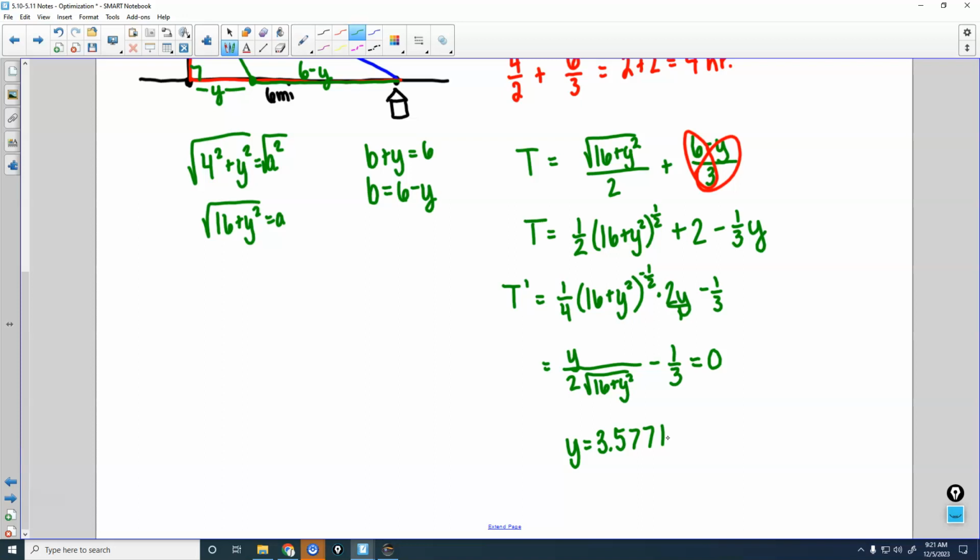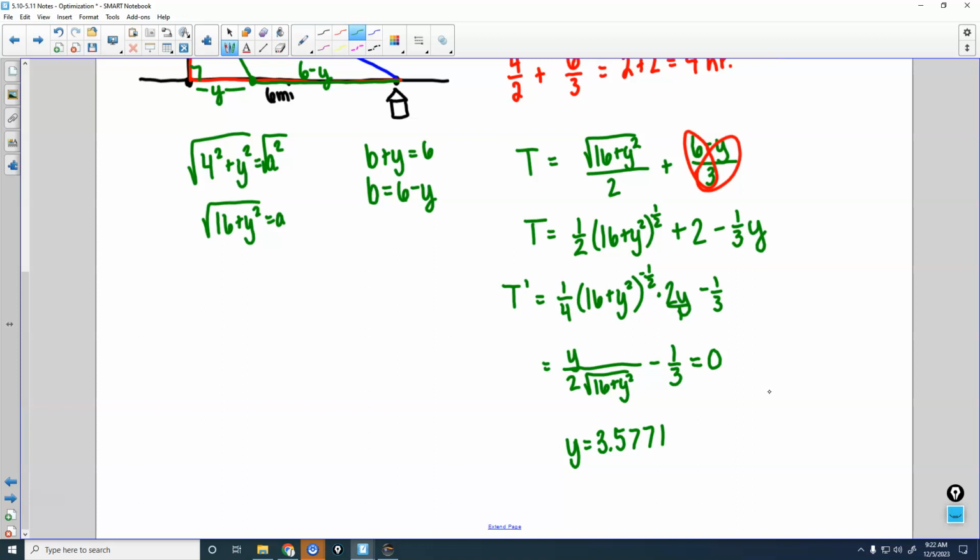And then if we want to check, like if we plug in something smaller than 3.5771, like 1, we'd get 1 over 2 times square root of 17. That's going to be a really small number, smaller than 1/3, so you'll get a negative. And if you plug in something bigger, like 5, you'll probably get a positive.